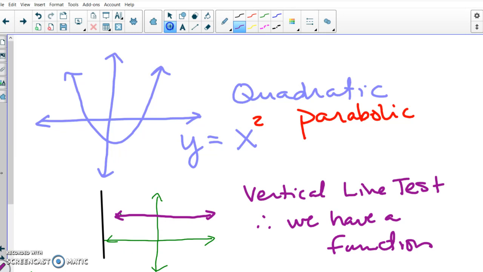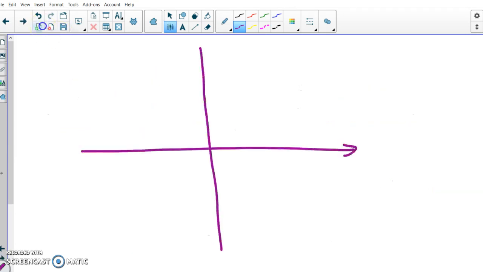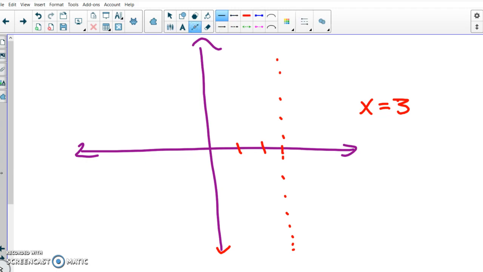So let's take a look at the next scenario. Coordinate plane, and this time, we have a vertical line. Let's say it passes through x equals 3.